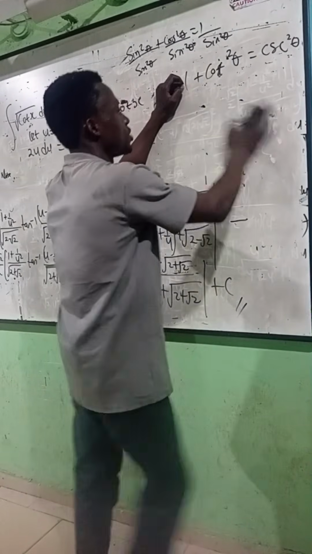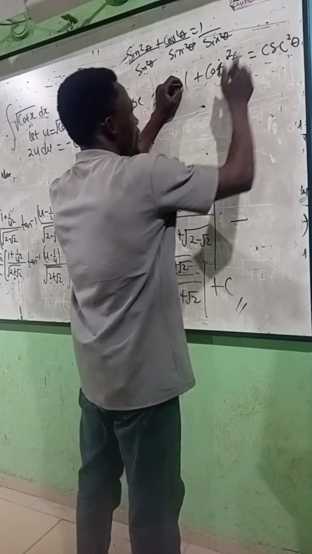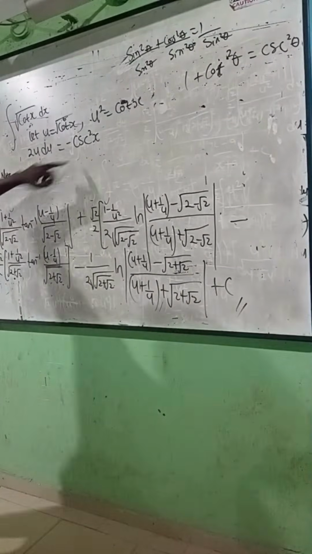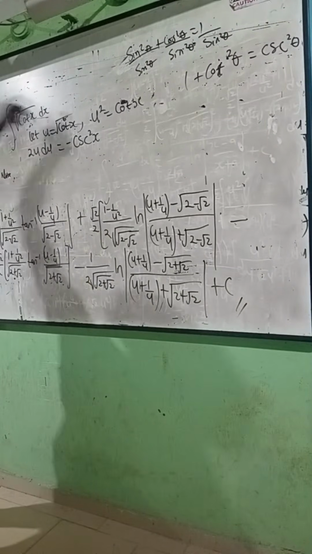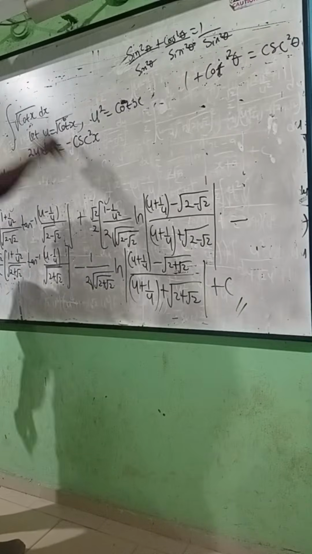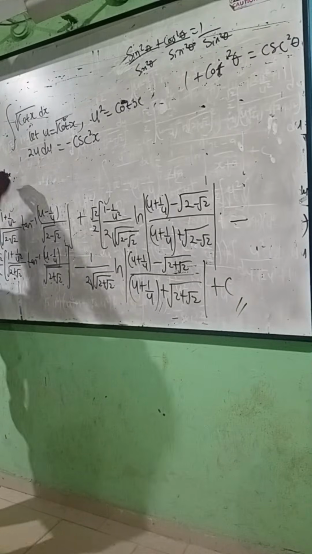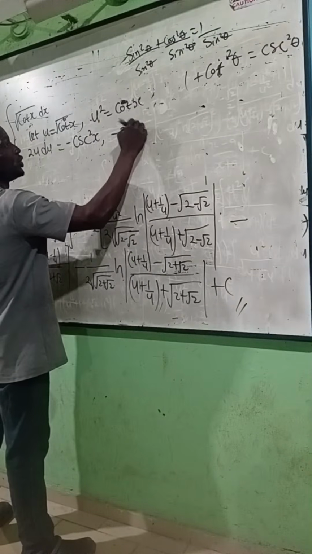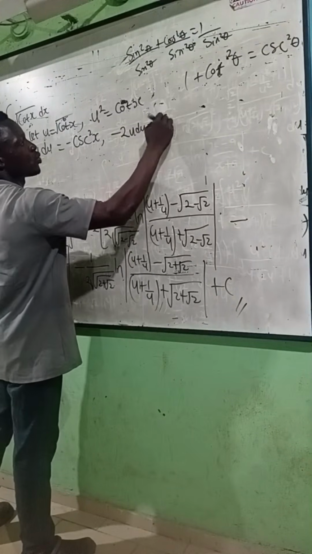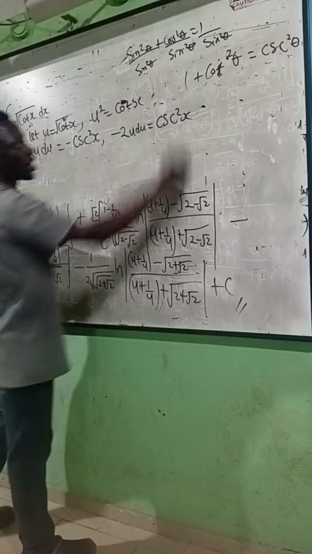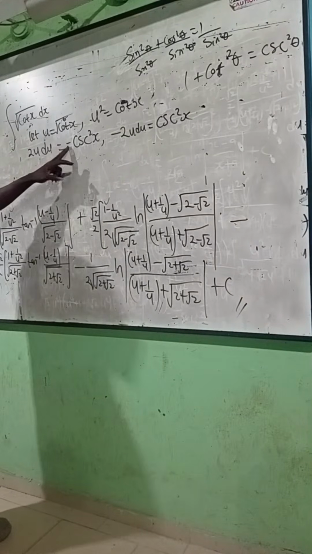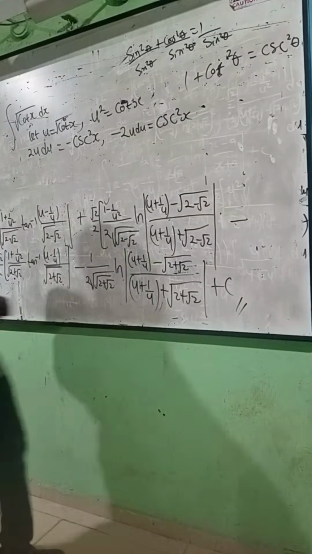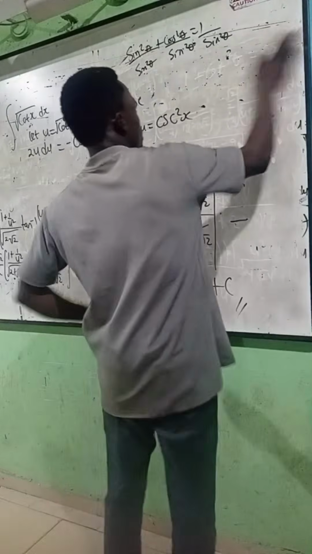Now since we have minus here, let's multiply both sides by minus to make sure that this is positive. So that means here we now have minus 2u du equals to what? Do we agree? If the minus was here, we can bring it here. If a is minus c, that means c is minus a.